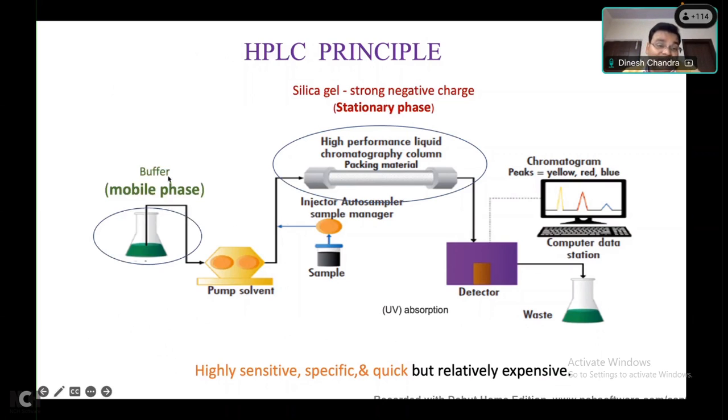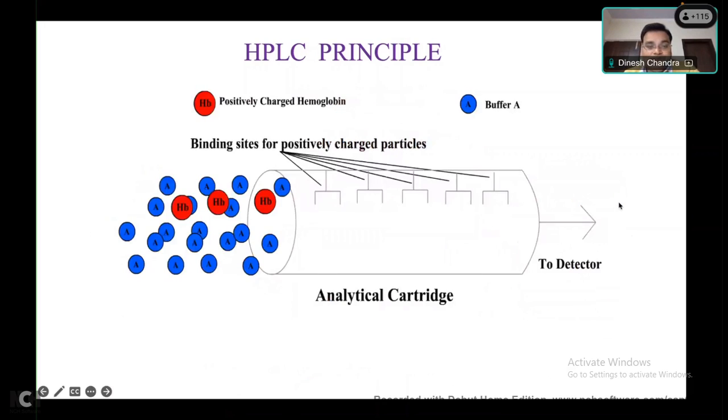The other is the mobile phase, which is different types of buffers. Along with the buffer, the sample is injected at this side and goes through the column, and finally, on the basis of their charges, the components are detected at different times and converted into a histogram. Let's try to understand what is happening inside this column.